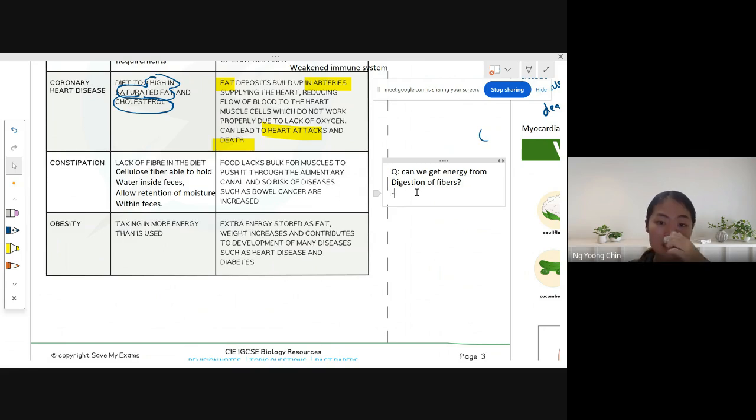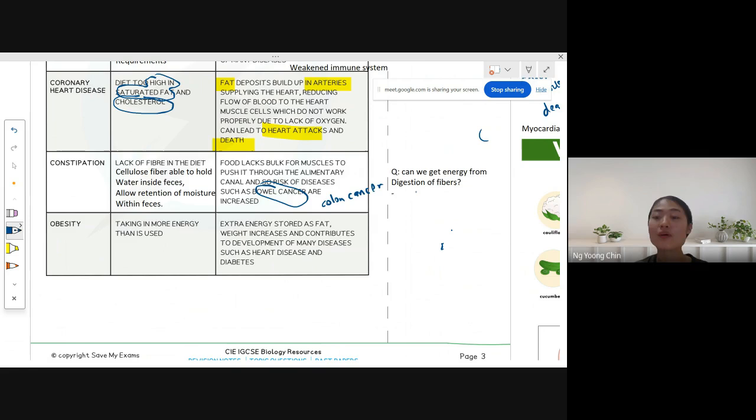Okay, so this one, bowel cancer, means that if you don't eat enough fibers, you'll have a high incidence of developing bowel cancer. There's a disease we call colon cancer. Maybe you can have a look. Oh, this one, colon cancer. In Huayu, it is called 大肠癌.